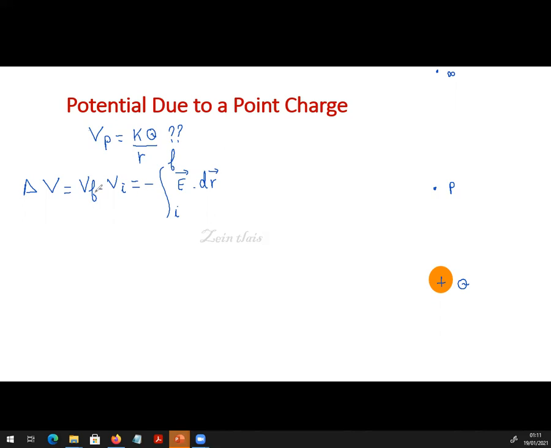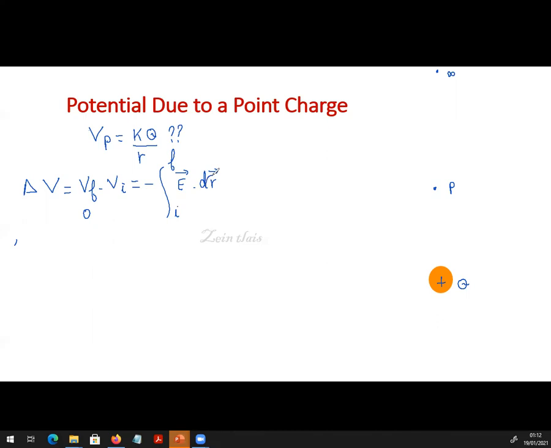So V final equals 0, because it's V infinity minus V initial at the point P, and I can calculate the value of Vp. So it's important to find a position where you know the value, such as the infinity position. I take the initial position at P, and finally at infinity.